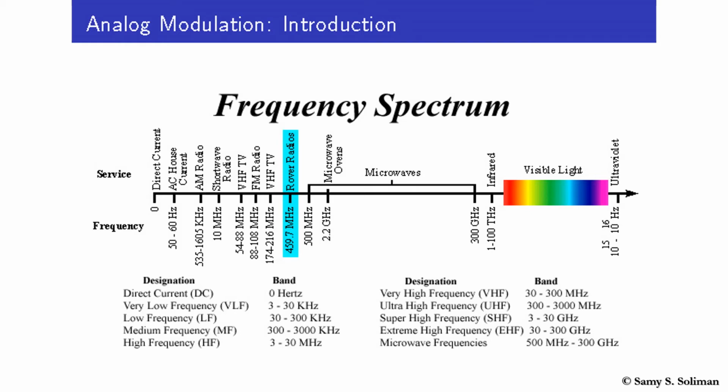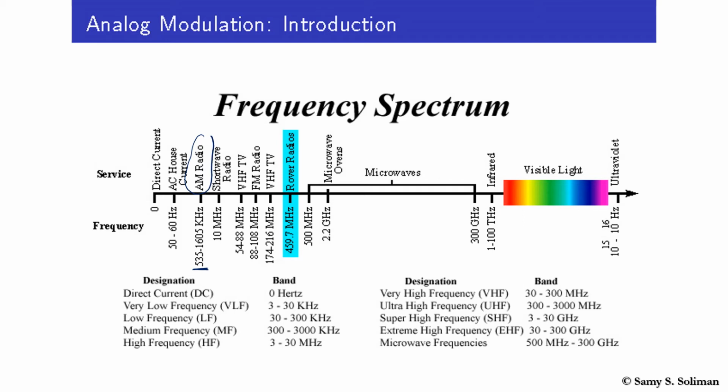As we can see in the figure here, we have different frequency ranges, and this is what we call the frequency spectrum. For example, in the range of 500 kilohertz to around 1.6 megahertz, we have the range of the AM radio.